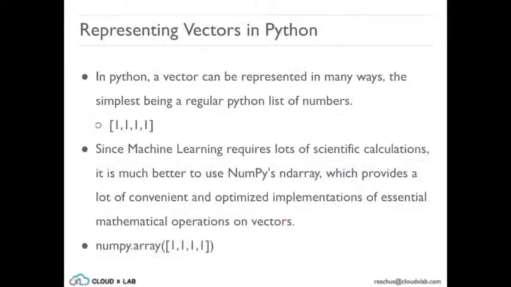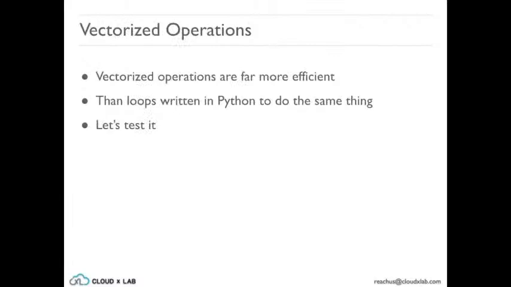So Python, as you mentioned, can be just a regular list of numbers. Machine learning uses lots of scientific computation, and therefore it uses Numpy arrays. The functions that Numpy provides are much faster than those of Python. Now we'll have an example to show that.